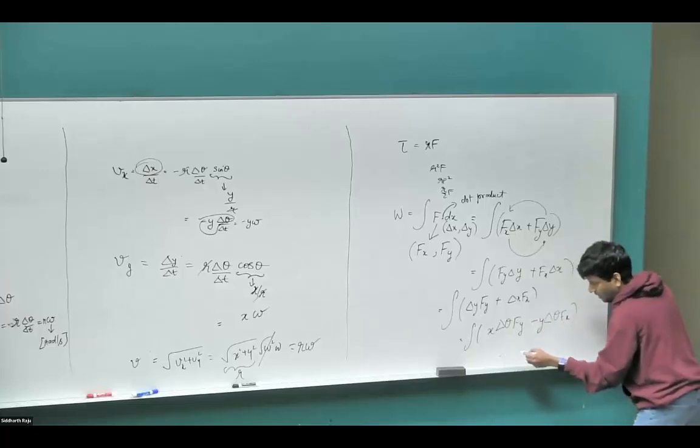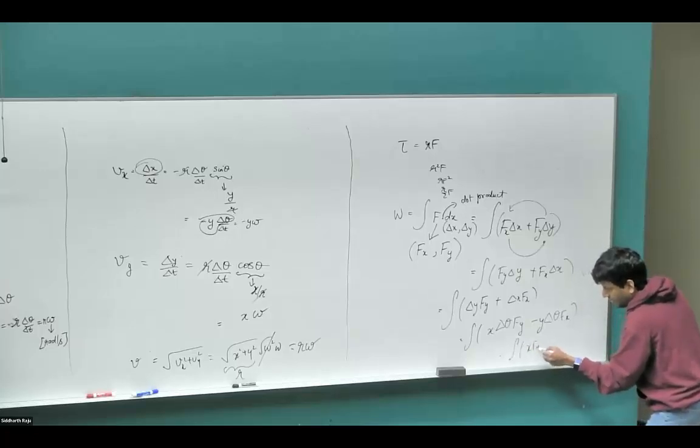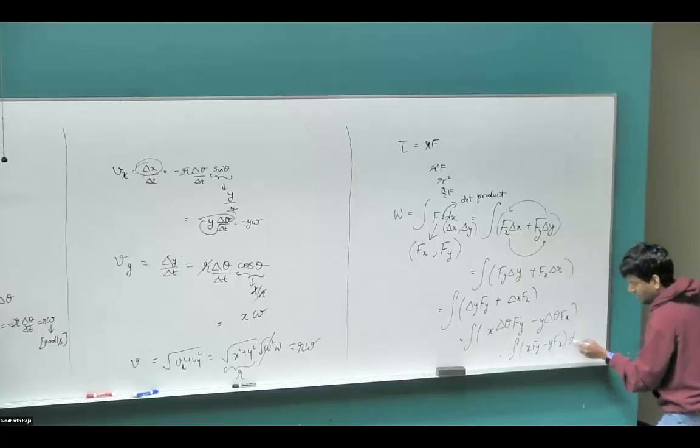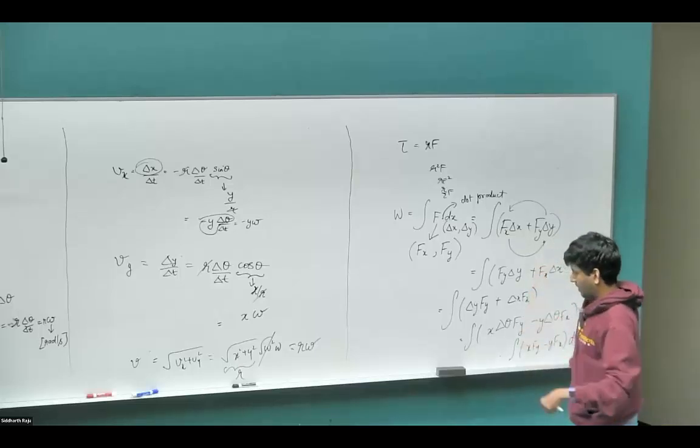I can take the delta theta term outside, so it is x Fy minus y Fx times delta theta. I'm just going to replace it with d theta as the variable of integration.